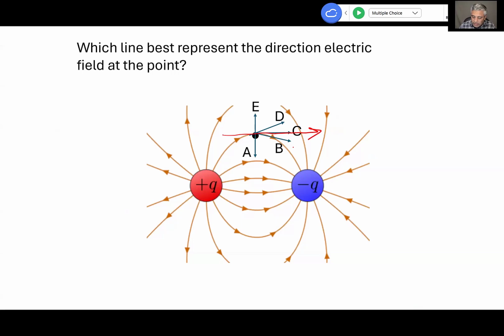See, it's pointing that way towards the negative side, but it is parallel to the line joining them. And that is the case only exactly at the middle. Okay, if it was on the side, then this wouldn't be pointing this way, rather it would be tangent like that. Okay, so that's how it works.